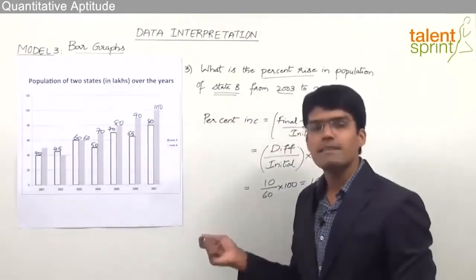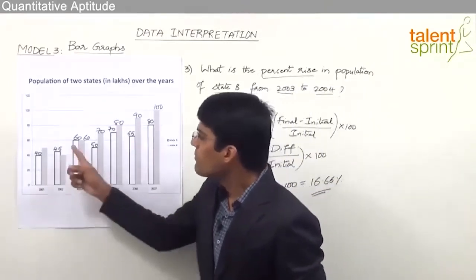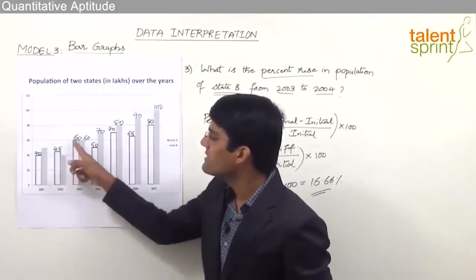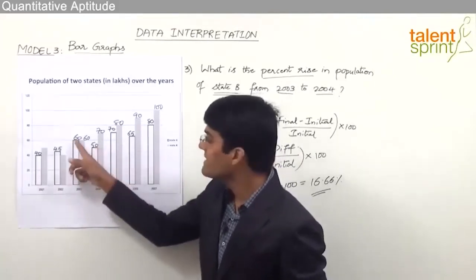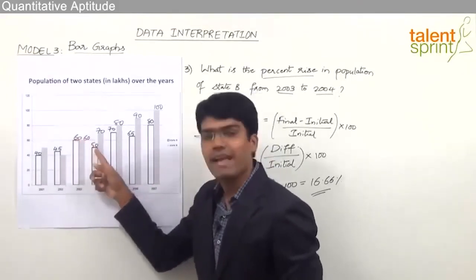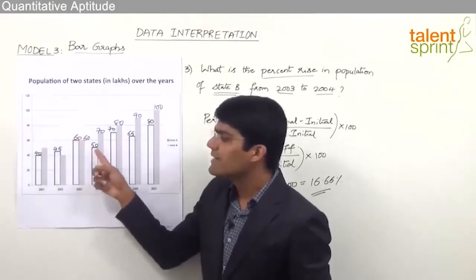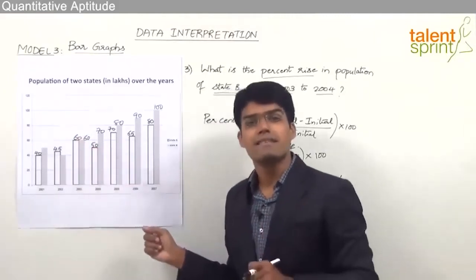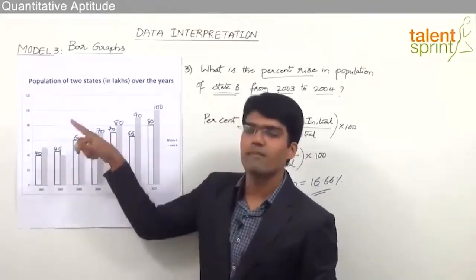Or whenever there is a decrease, we can take that as a decrease in the population. For example, population of state A in 2003 is 60 lakhs and population of state A in 2004 becomes 50 lakhs. It is decreasing. As you can see, the bar here decreases. Decreases by how much? 10 lakhs. So that is the difference. Now the percentage decrease. The actual decrease is 10 lakhs. But what is the percentage decrease? That can be taken as 10 lakhs, that is the difference, divided by initial value again.